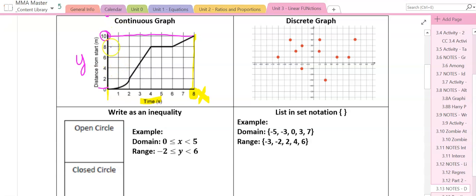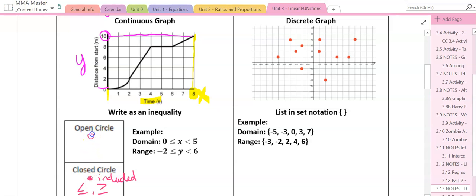Down here, it asks for a little clarification, and it says, all right, an open circle and a closed circle. These are all solid, which means it's including them all. When you include them all, that is a closed circle. So the closed circle means that it is included. It's going to be a less than or equal to or a greater than or equal to, because it includes that number.